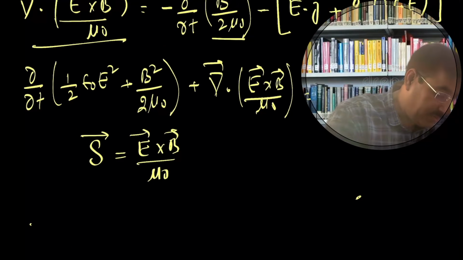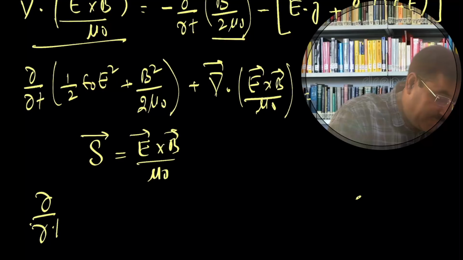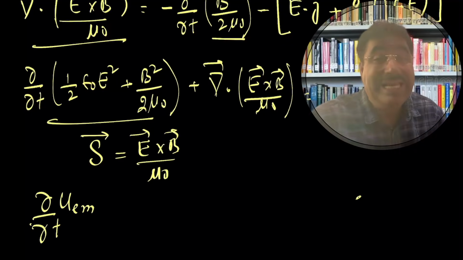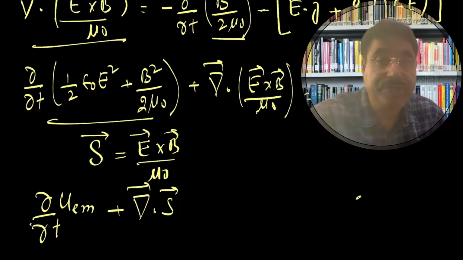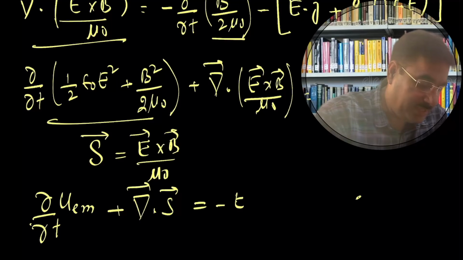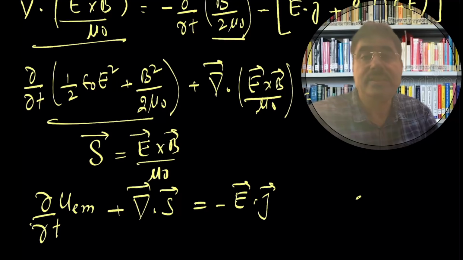And now rewrite this equation. Del by del t of U electromagnetic, the electromagnetic energy density, plus del dot S, the divergence of the Poynting vector, is equal to minus E dot J. And now you try to recognize these terms.